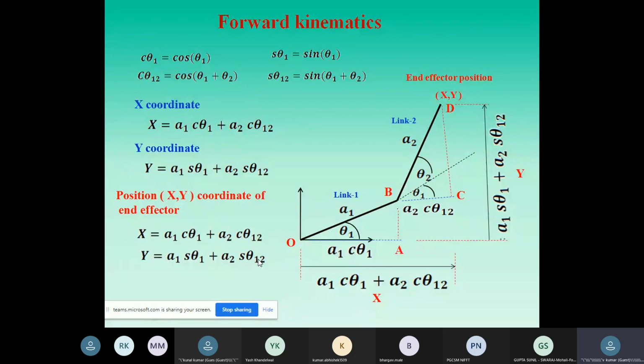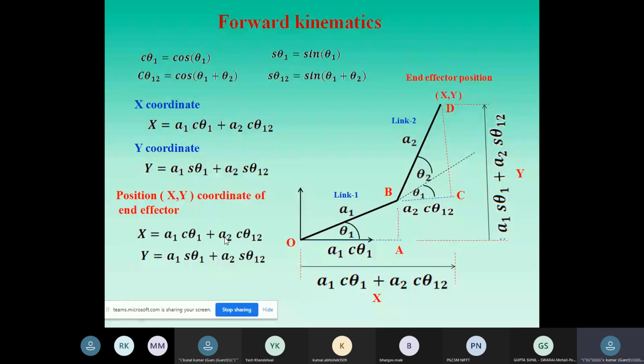The calculation of x and y is called forward kinematics.